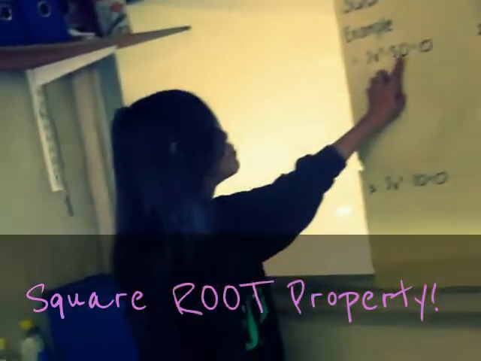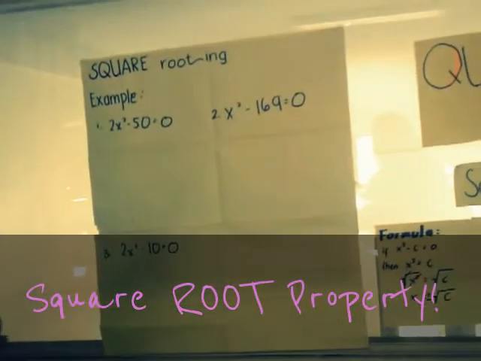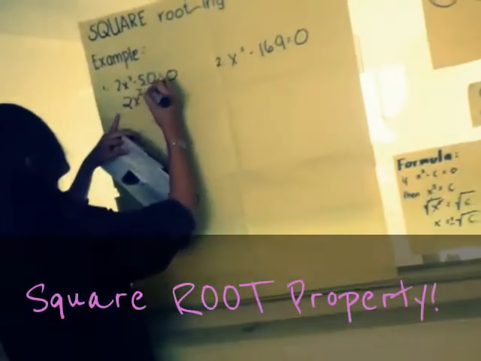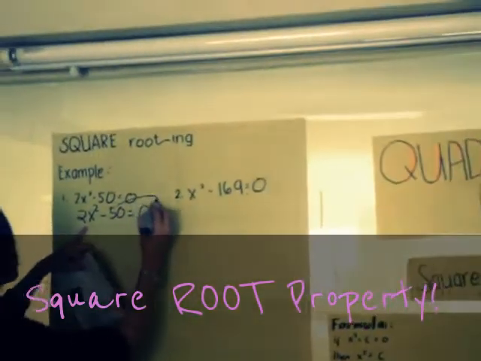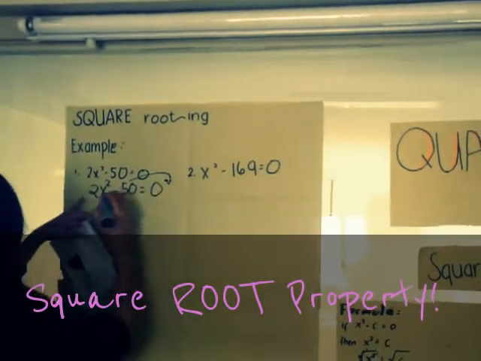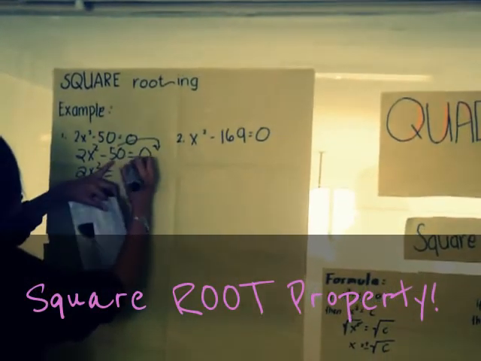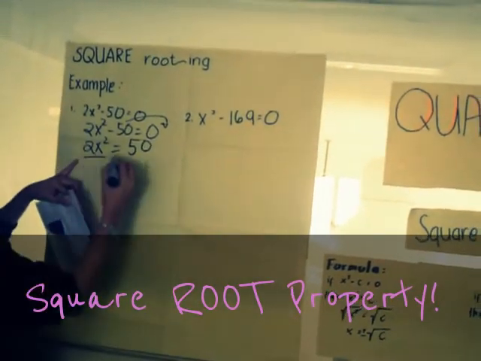2x squared minus 50 is equal to 0. You will transpose negative 50 to the other side, making it 2x squared is equal to positive 50. Divide by 2.